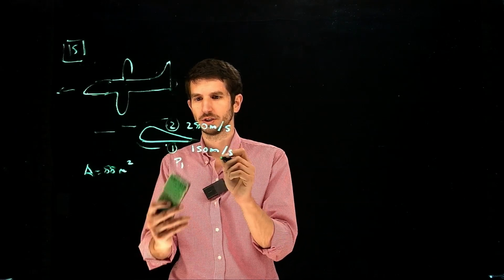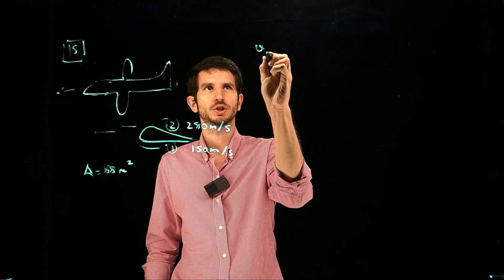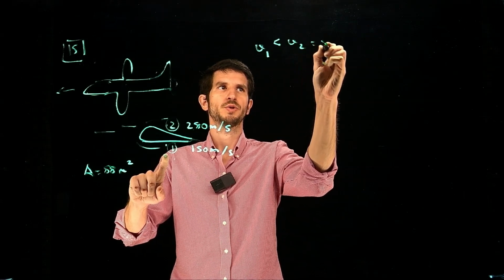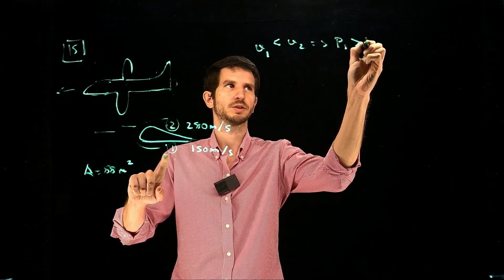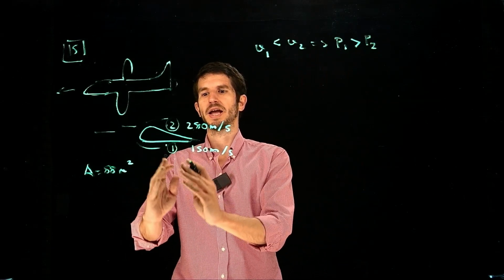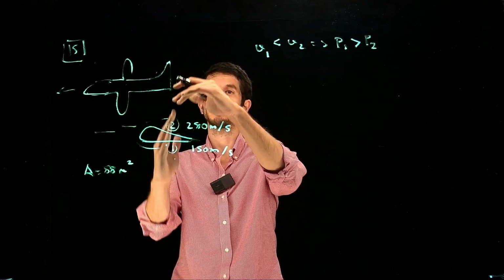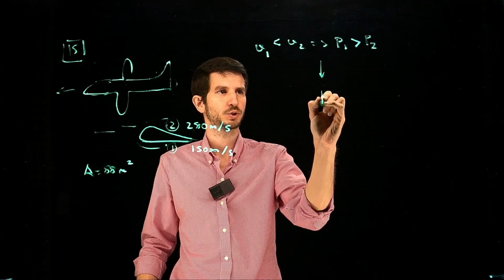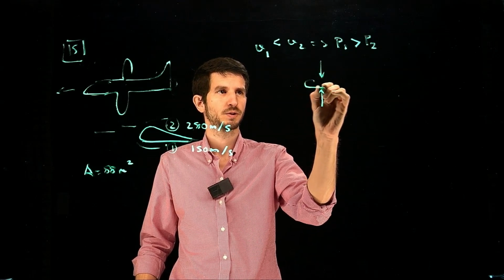So because velocity in 1, which is on the bottom, is smaller than velocity 2, then the pressure in 1 needs to be larger than the pressure in 2. And so I'm going to have a larger pressure here than there. I'm going to have a net force pointing upwards, right? We're going to have a pressure here and a pressure there, so we're going to have a force, right?